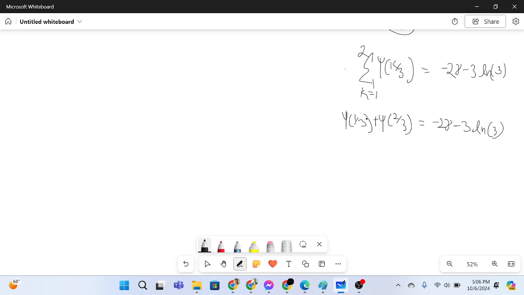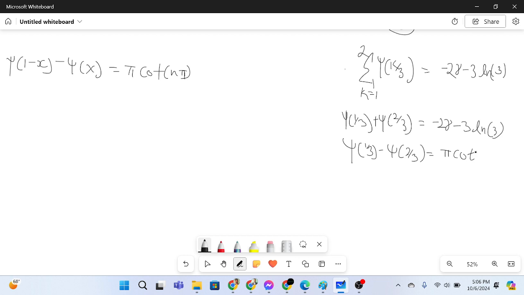To find them, we can use the reflection formula, which will relate these two, their difference. The reflection formula says that digamma of 1 minus x minus digamma of x will be equal to pi cot pi x. Using the reflection formula, if we put x as 2 by 3, we get digamma of 1 by 3 minus digamma of 2 by 3 is equal to pi cot 2 pi by 3, right?